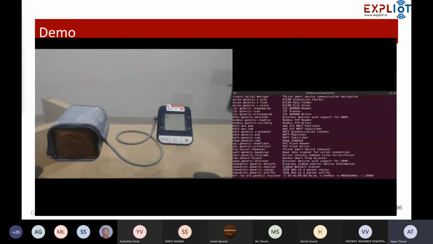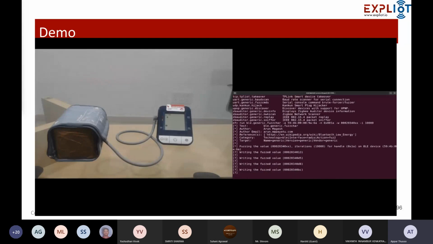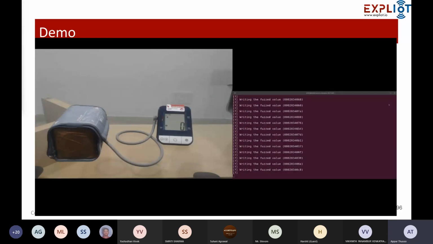The attacker is able to DoS the BP monitoring machine, and in turn it does not actually measure the BP of any patient, but rather the air keeps on filling the pressure armband that is supposedly on the arm of the patient.